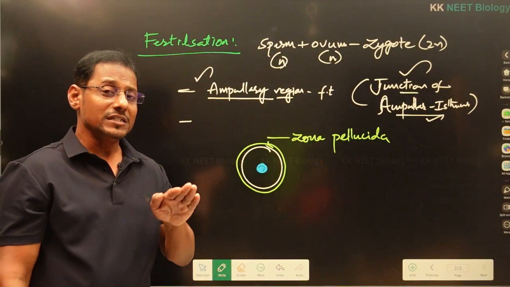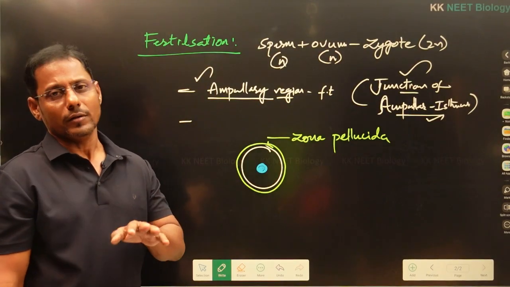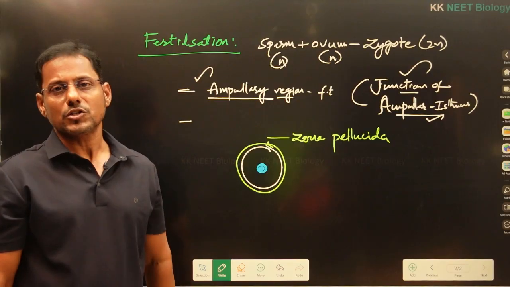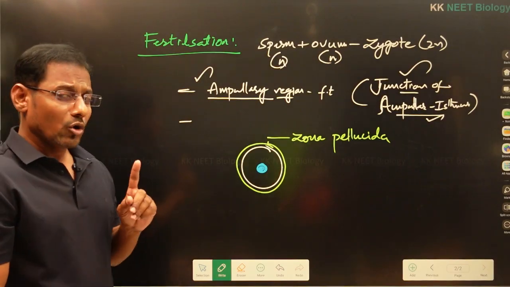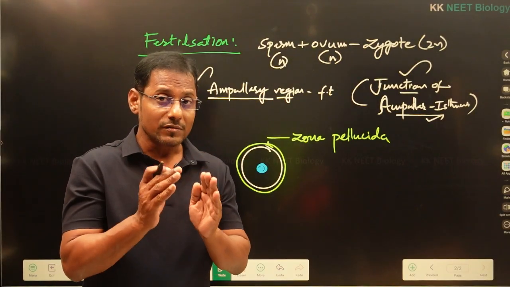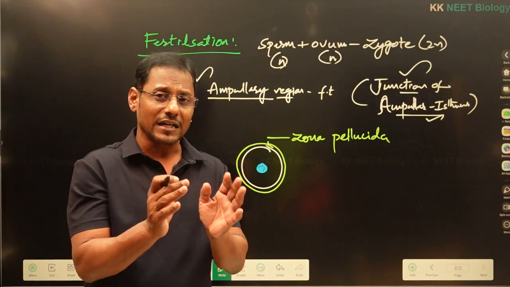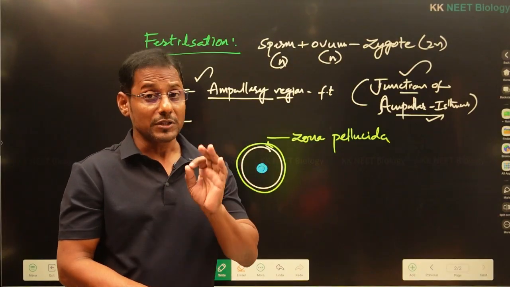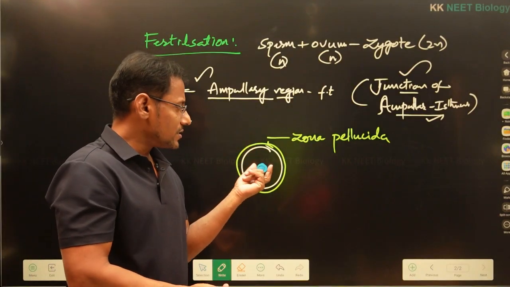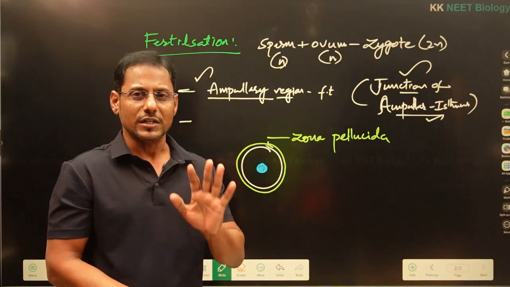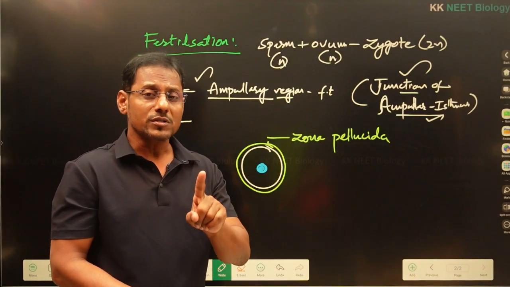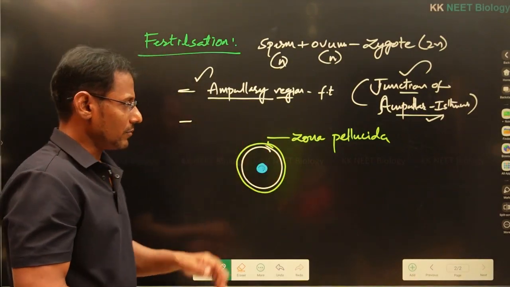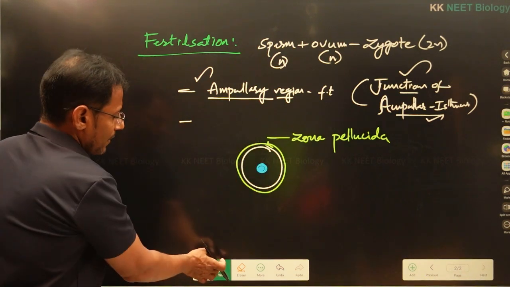It has not yet undergone meiosis II, remember it, because during ovulation the ovum is released at the stage of secondary oocyte, though it is in haploid state. No meiosis II took place yet. This is the zona pellucida.